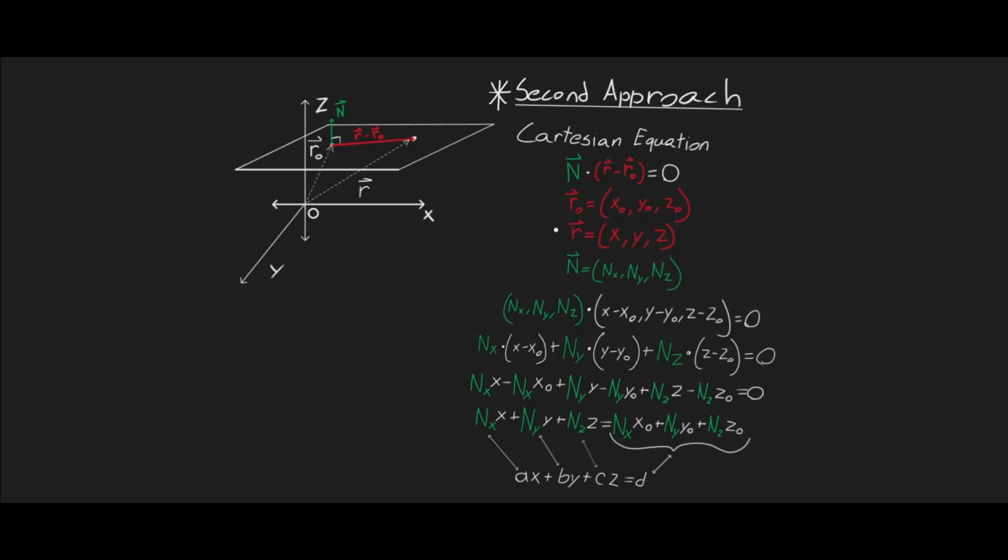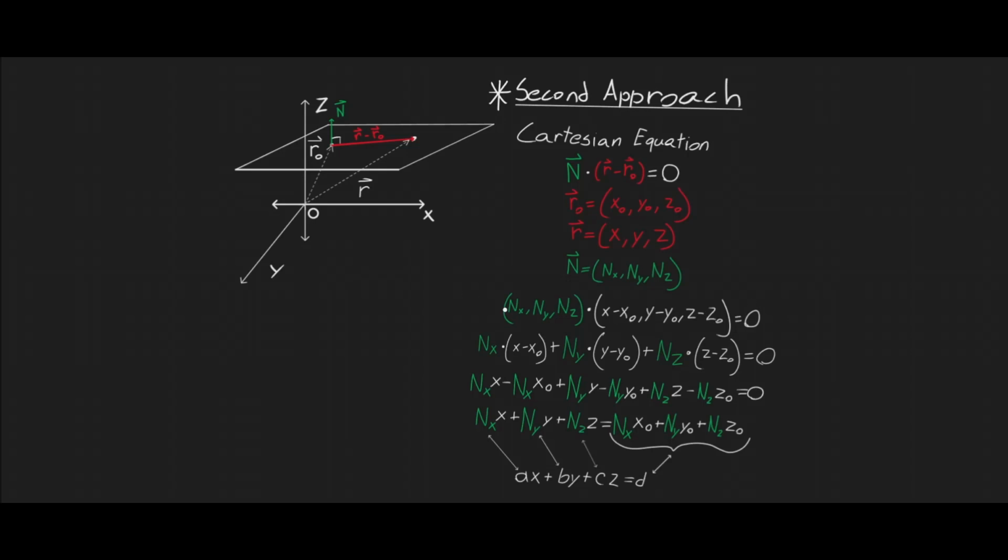The method that we're going to be using to find the equation for this plane will be the dot product, because the dot product of two perpendicular vectors will always equal 0. So we can say that nx, ny, nz dot x minus x0, y minus y0, z minus z0 is equal to 0.